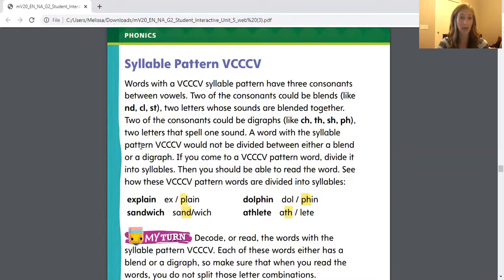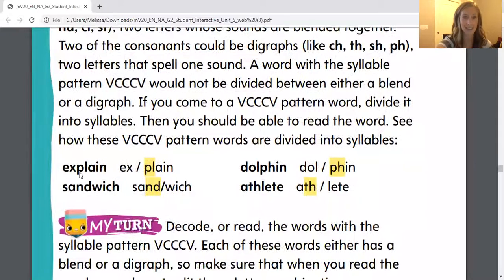A word with the syllable pattern V, C, C, C, V would not be divided between either a blend or a digraph. So if you come to one of these words that we're talking about, you need to divide it into syllables. Then you should be able to read the word. So what you're going to do is see how these vowel, consonant, consonant, consonant, vowel pattern words are divided into syllables. So let's take a look at these examples.